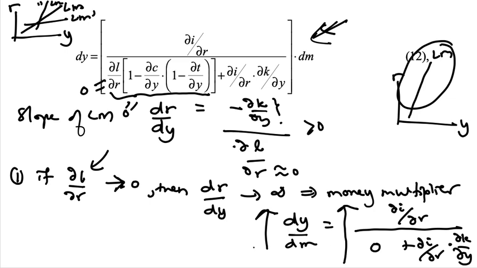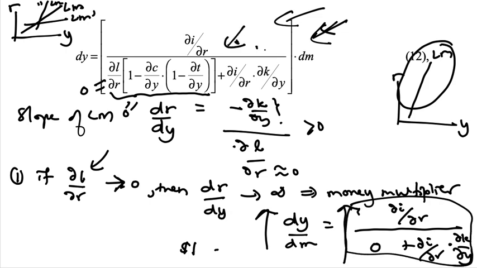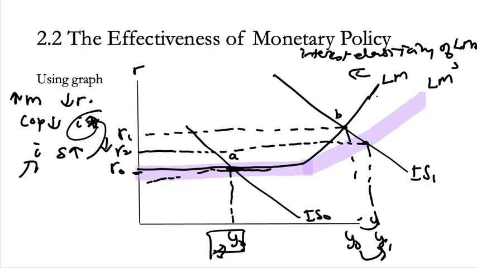When money multiplier becomes more, it means if we increase $1 money supply, output will increase by this amount. And this amount is bigger than this multiplier. You get what I mean here? Right? So that's why you can see, go back to this graph. This is steeper, isn't it? This range is steeper, LM, this range is very flat. That's why you can see output can increase because money multiplier is bigger.